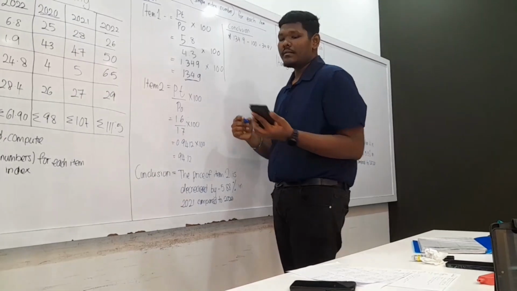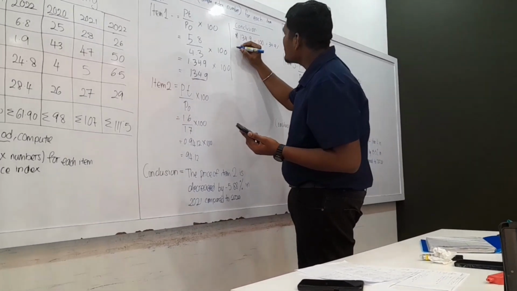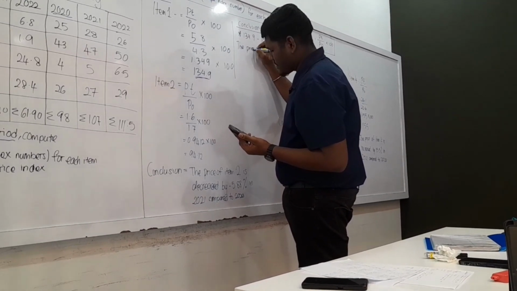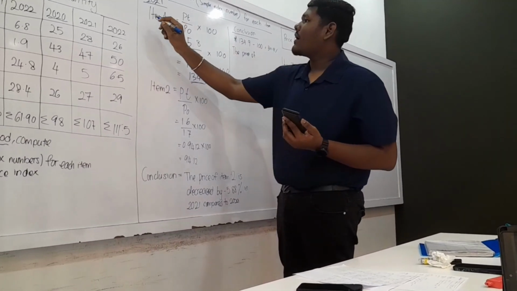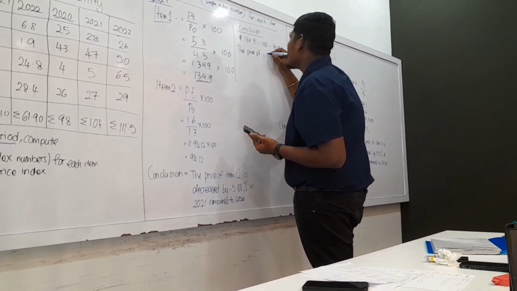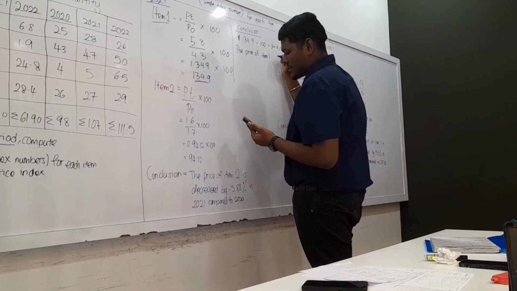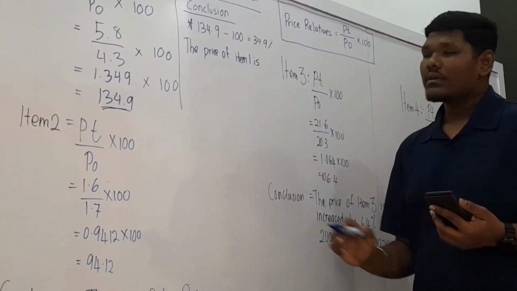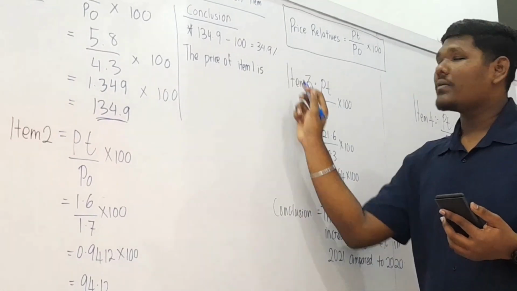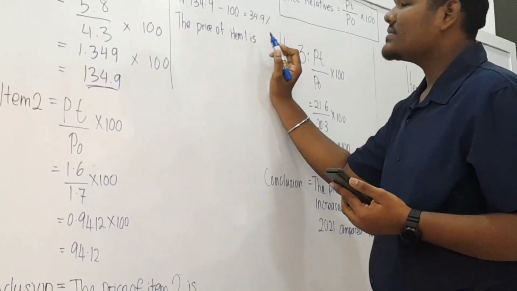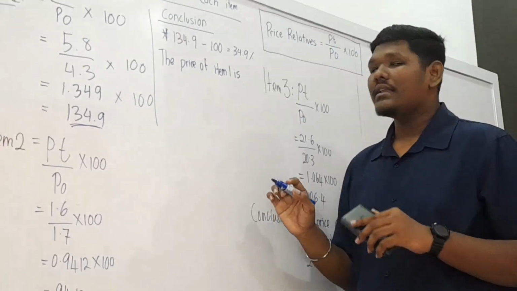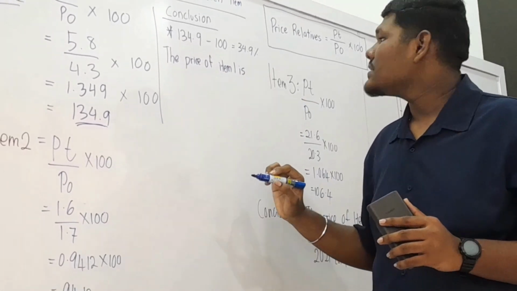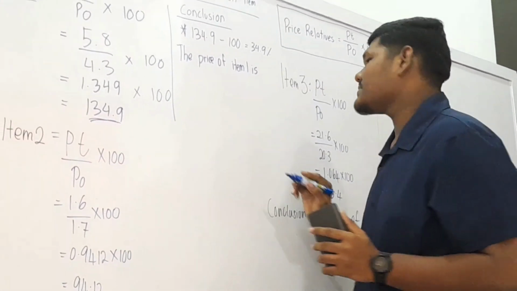For the conclusion, I'll show you how to write it. The price of item 1 is, is it negative or positive? It's positive, so that means it's increased. If the answer came out negative, you would write decreased. So now you write increased.